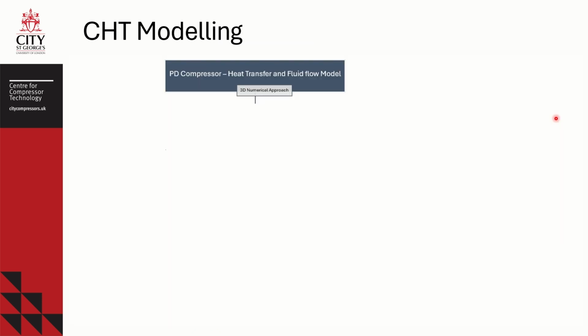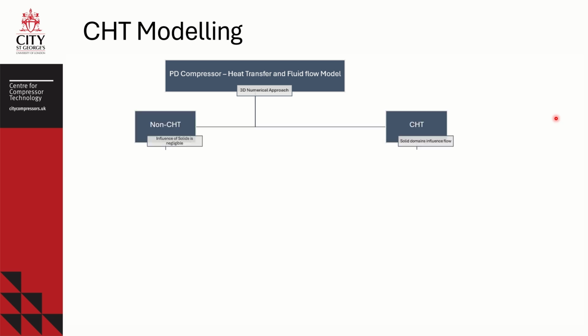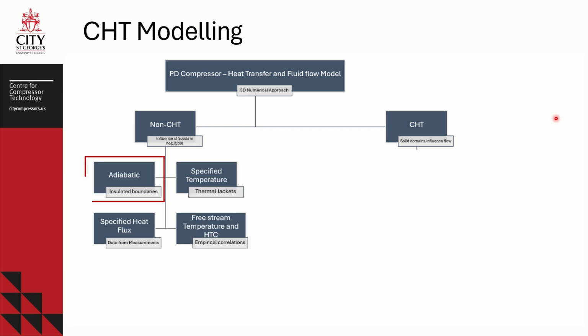Conjugate heat transfer modeling in compressors, heat transfer from solids to the fluid flow, is generally done using a 3D numerical approach, which can be in the form of computational fluid dynamics. They can be broadly classified as non-CHT problems or CHT problems. For a model to be in the category of non-conjugate heat transfer, there will still be boundary conditions that need to be applied.